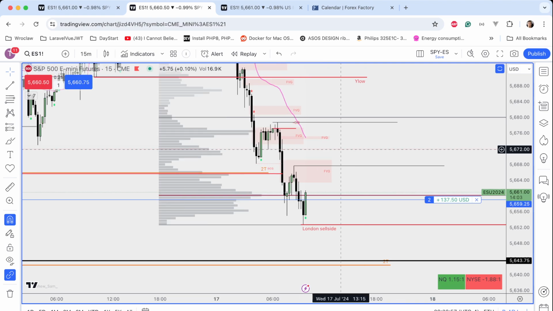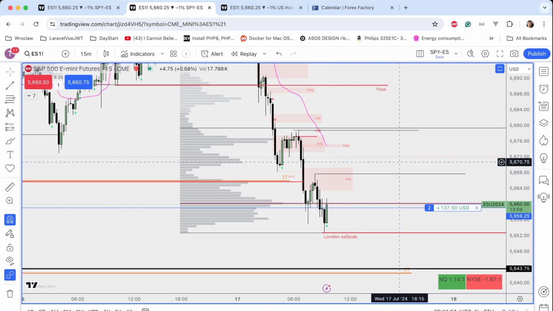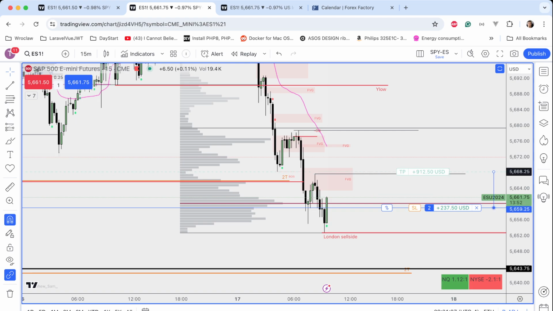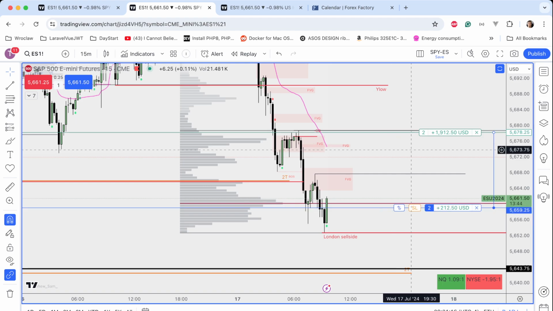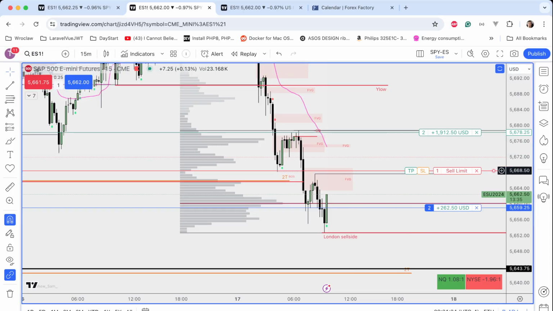So I'm looking at 15 minute candlesticks. What's the target for this trade? Somewhere here. Now, obviously, it's the first liquidity sweep.